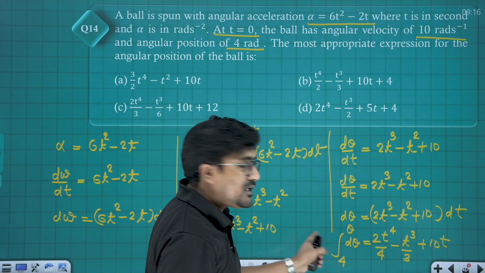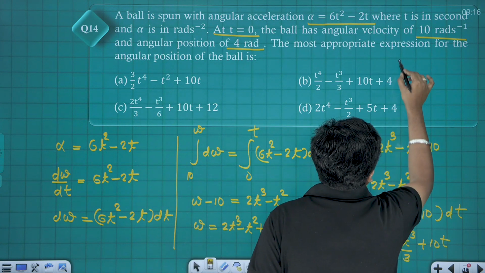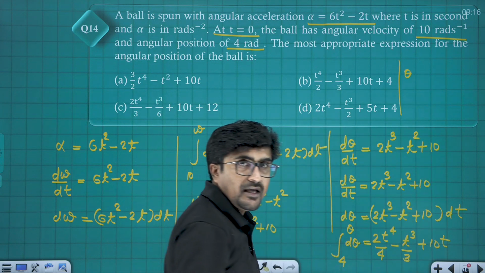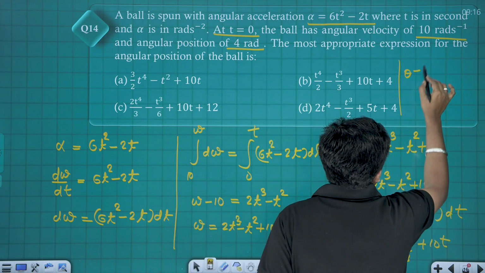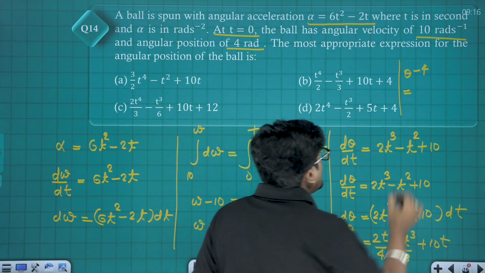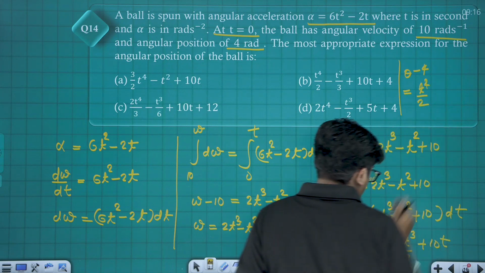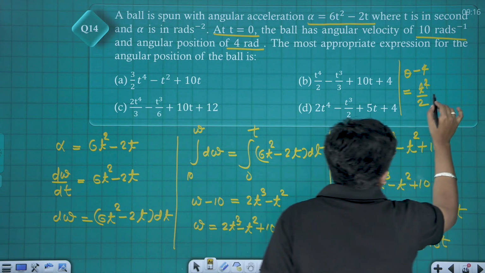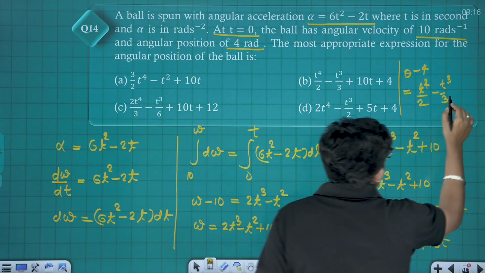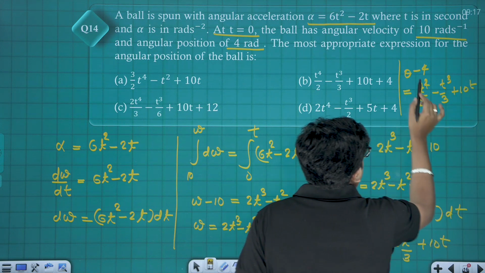Alright, now if I go for the final manipulation, theta minus 4 is now equal to t raised to 4 by 2 minus t cube by 3 plus 10 times t. So let this be the final expression.